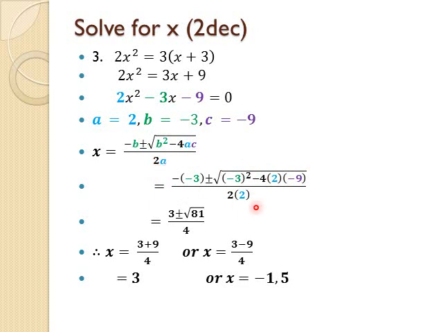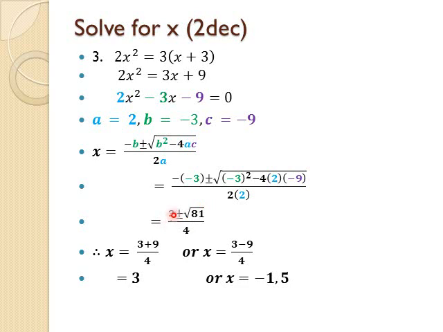Bottom, 2 times 2. So negative times negative gives me positive 3. Negative 3 squared is positive 9. Negative 4 times negative 3 gives me positive 12 times 2, 24. So 24 plus 9 gives me square root 33.